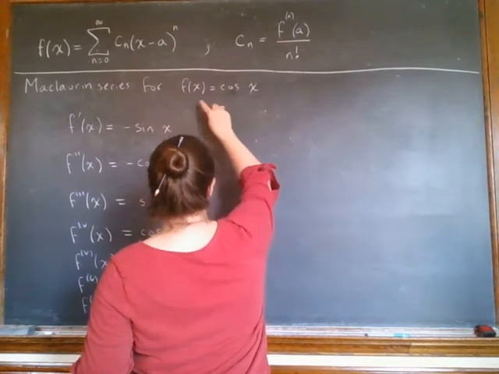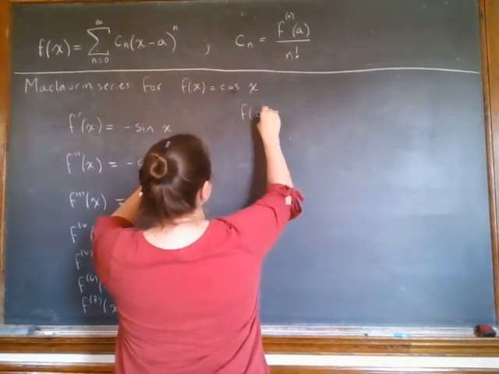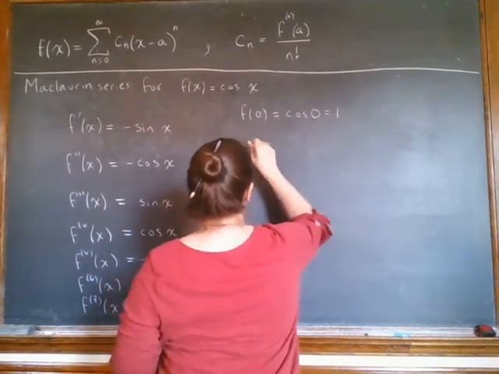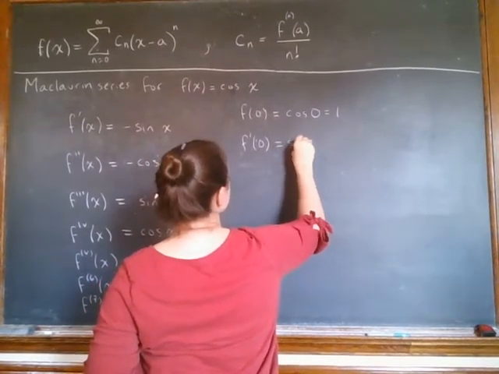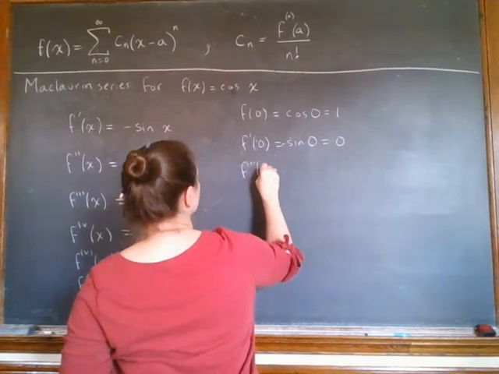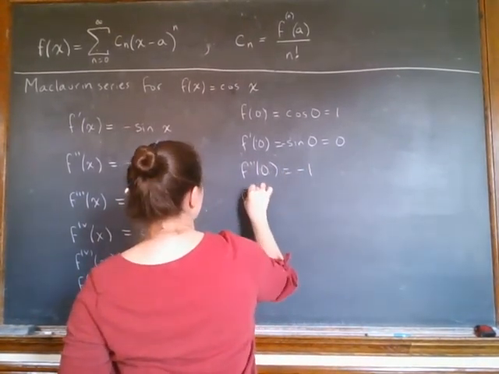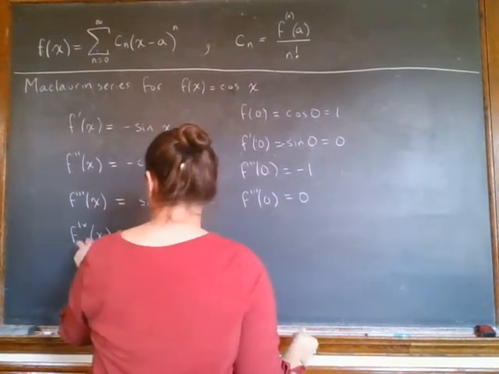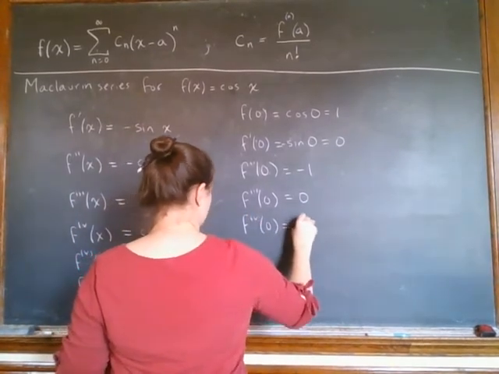So starting off, f of 0 is cosine of 0, which is 1. First derivative is 0. Second derivative, negative 1. Third derivative is 0. Fourth derivative is 1.